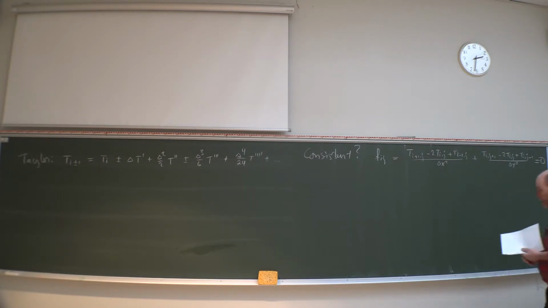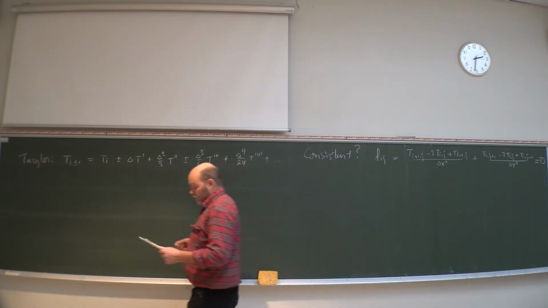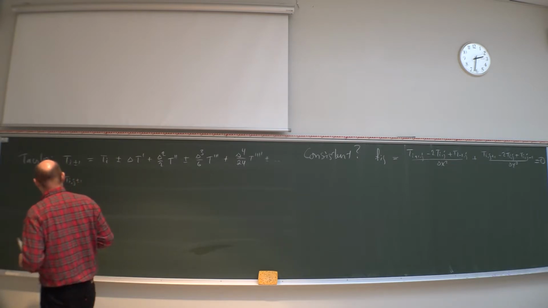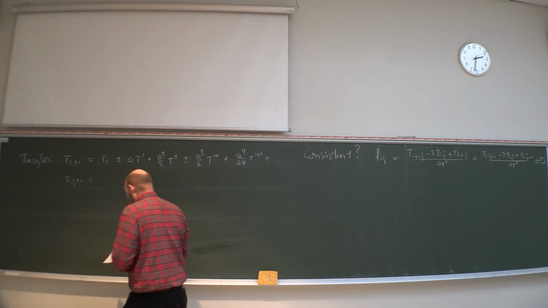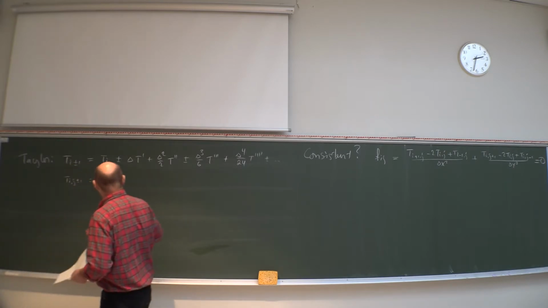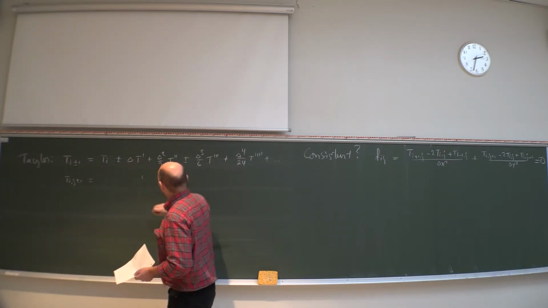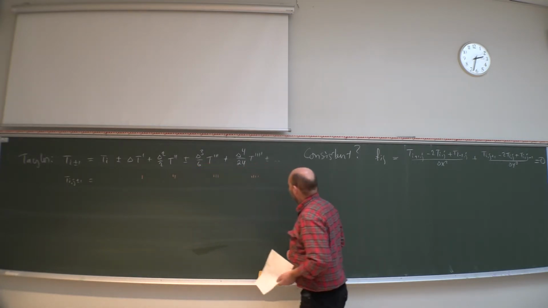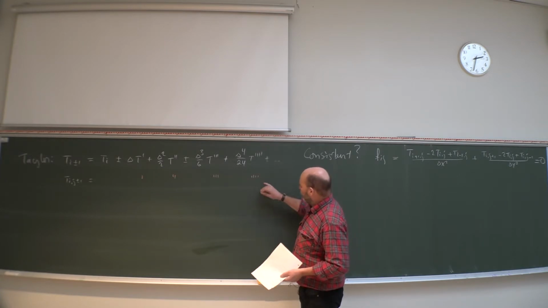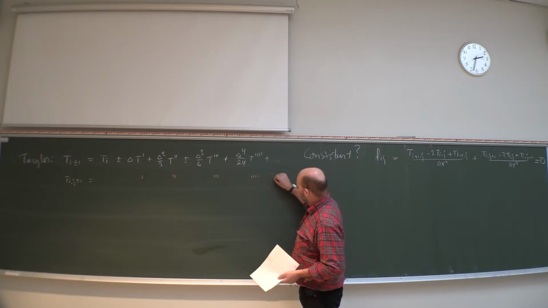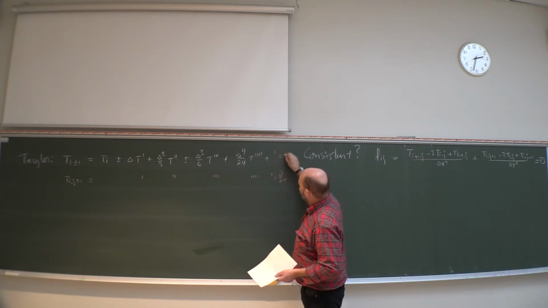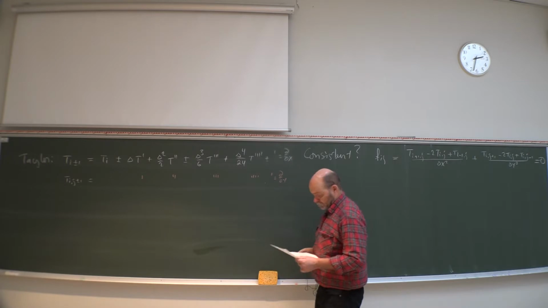Then you do the same, but now it's going to read T_i,j plus minus 1, which then of course will be identical, but I use a different color for the derivatives. So these will now represent d/dy, and this one equals d/dx.